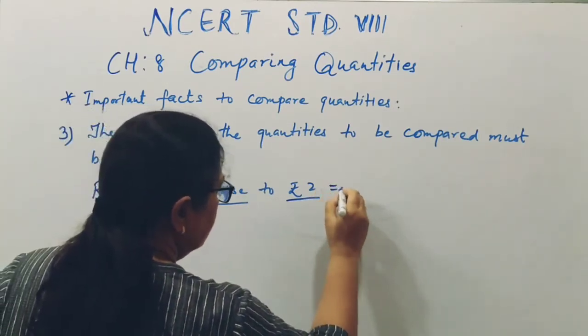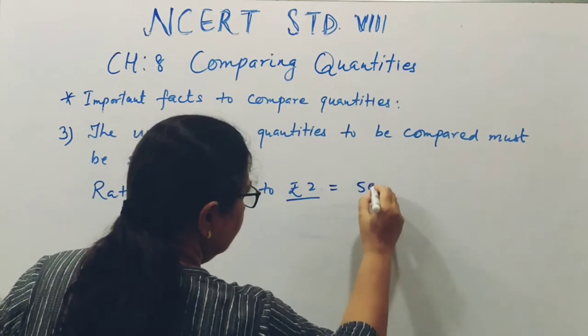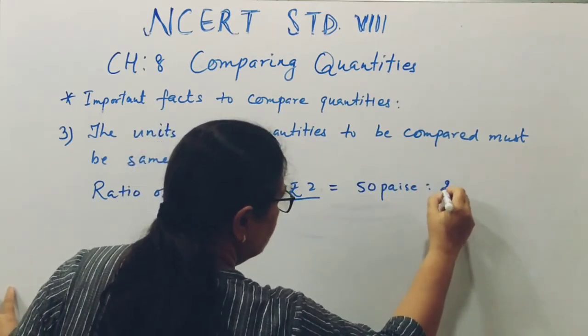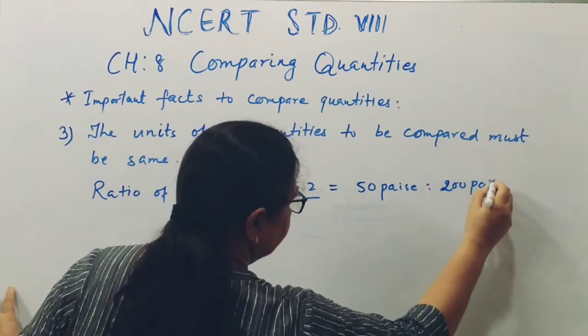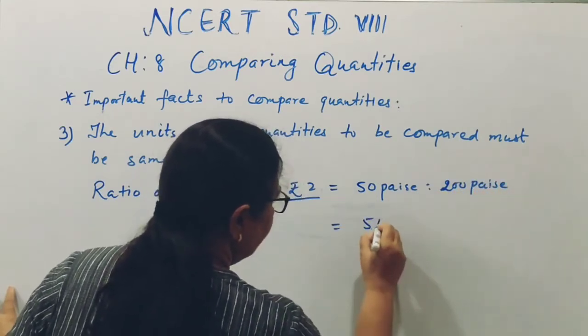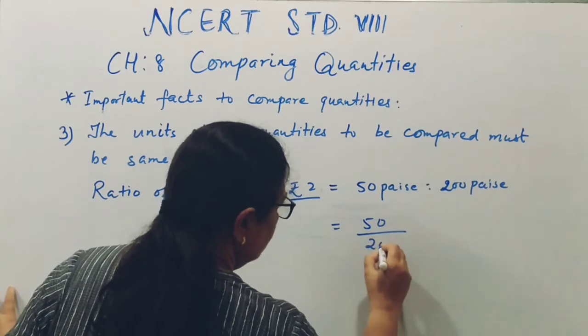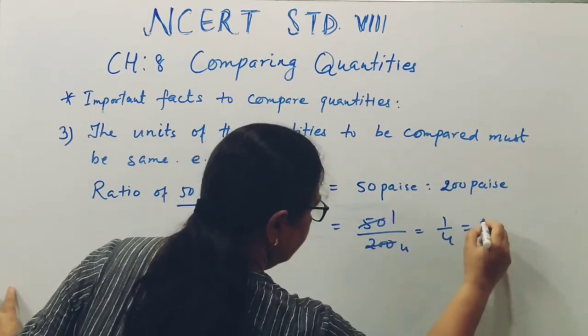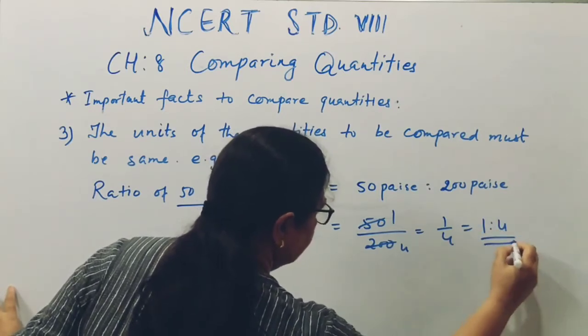So the ratio is 50 paisa is to 200 paisa. So it is 50 upon 200, that is 1 upon 4, that is 1:4.